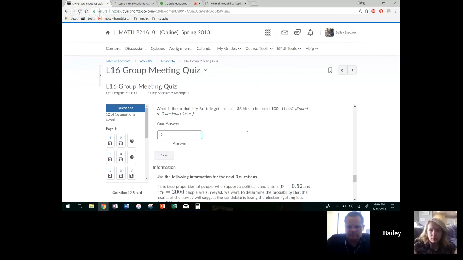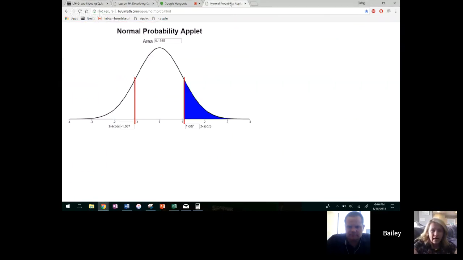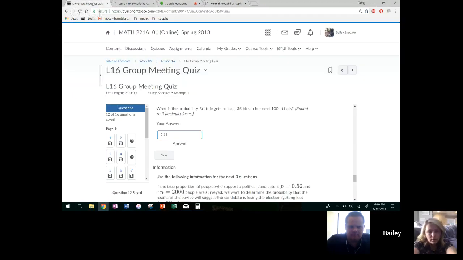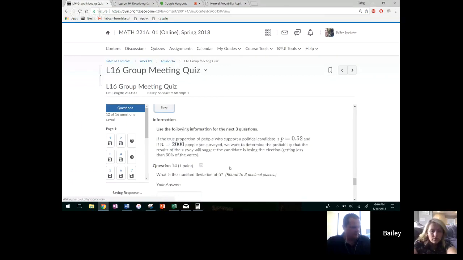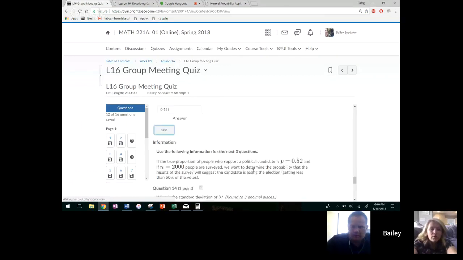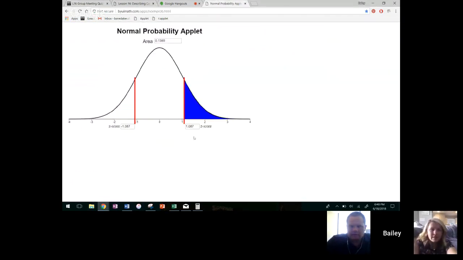So 0.1399 for the probability. Oh, sorry. How did you get that? She put the z-score into the applet and just did the right tail, and that gets us the area. You're fine. We haven't worked with the applet in a while.